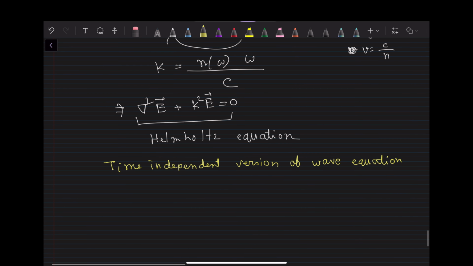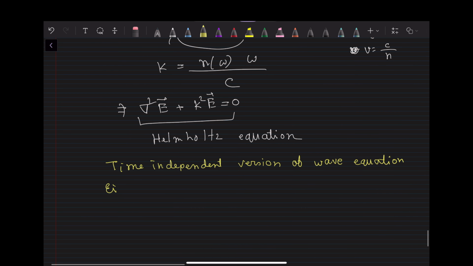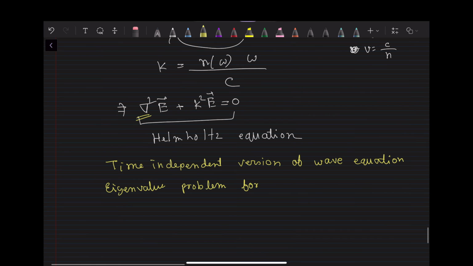Then again we can think of it as an eigenvalue problem as well. So for that, you know this, right? This is the Laplace operator.